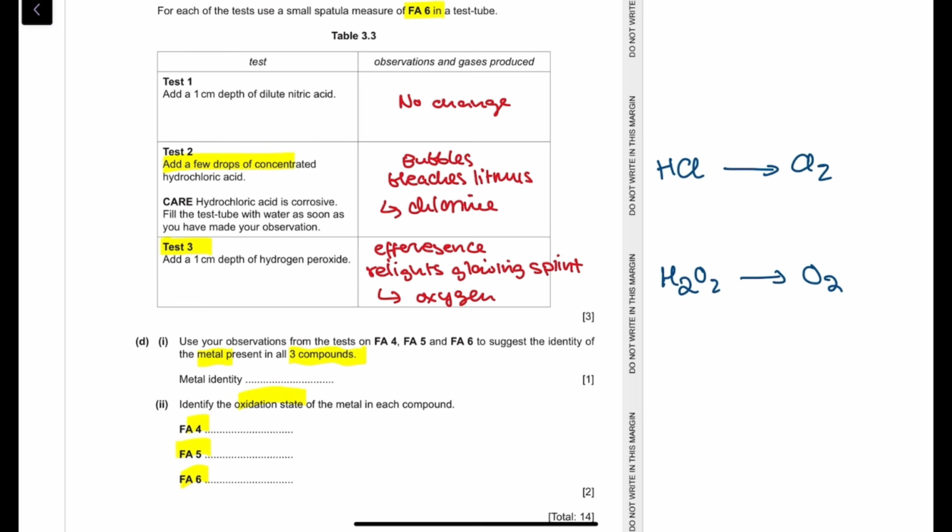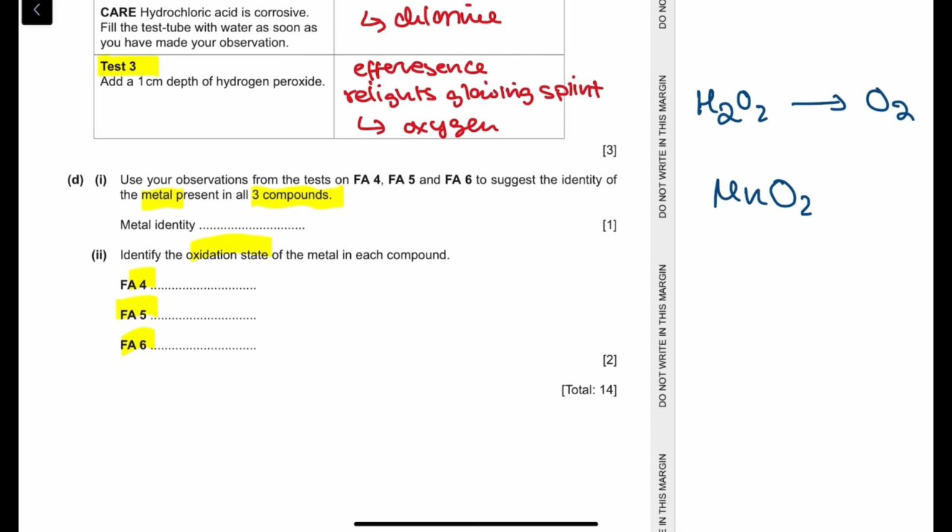That means the Mn ion is within a compound that acts as an oxidizing agent, and the compound we know to be an oxidizing agent is manganese dioxide. So now what is being asked of us is to give the metal identity. So it's become very clear now that it's manganese, and now it's asking for oxidation states of the metal within each compound.